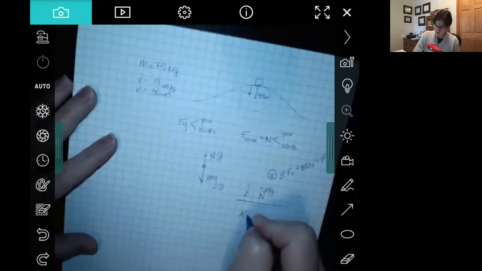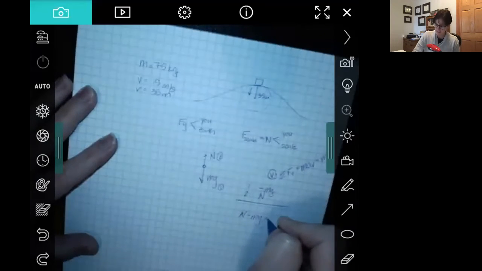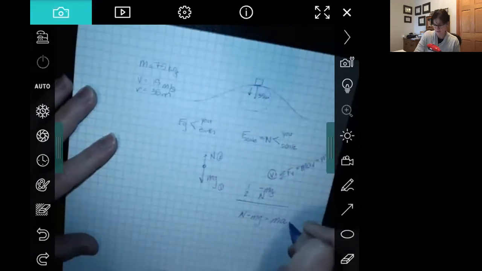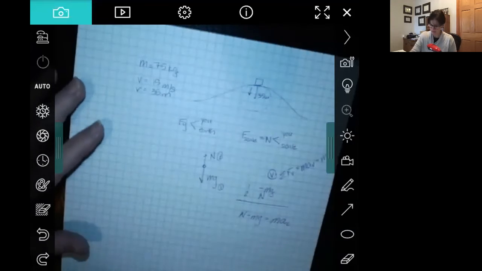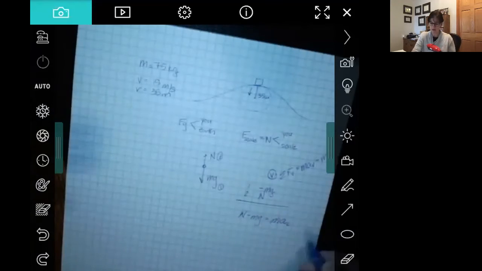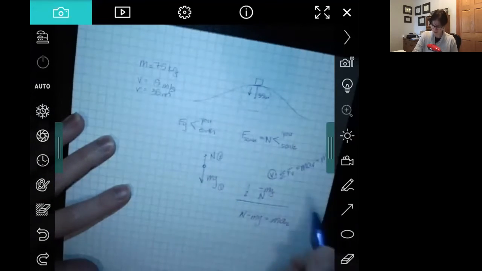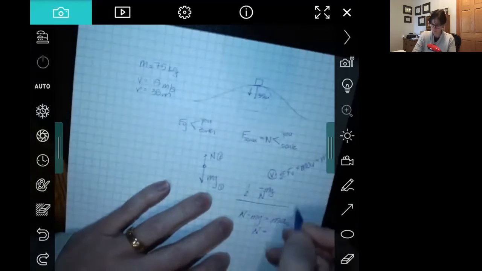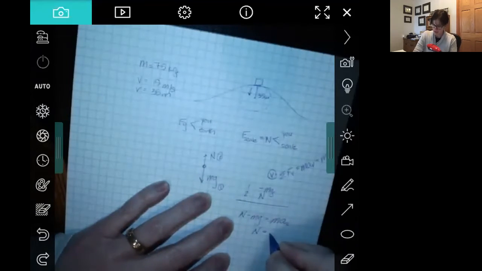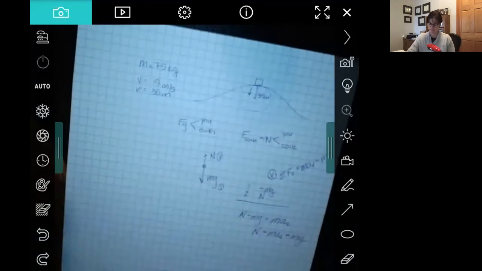So we have N minus mg equal to our mass times our centripetal acceleration. So what's the reading on the scale, which is what we were interested in? Well, that's our normal force. And our normal force is equal to the mass times the centripetal acceleration plus the mass times gravity.